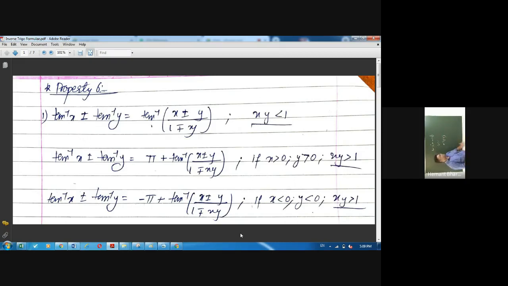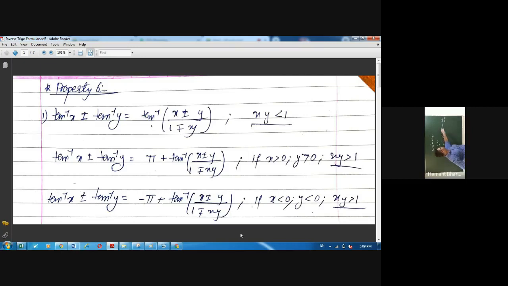Now you don't have to learn this by heart or worry, because we have a similar formula in trigonometry. If you remember tan of A plus B, we used to write it as tan A plus tan B upon 1 minus tan A into tan B. Due to the shortage of time, you have other teachers also, so we derive this formula from here only.